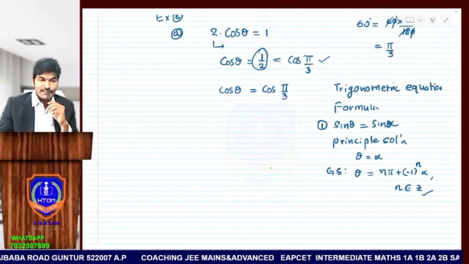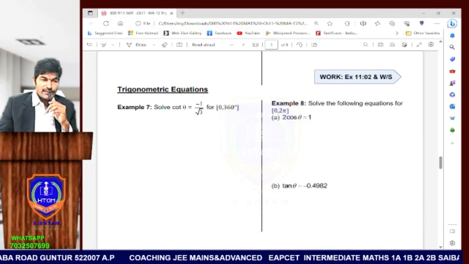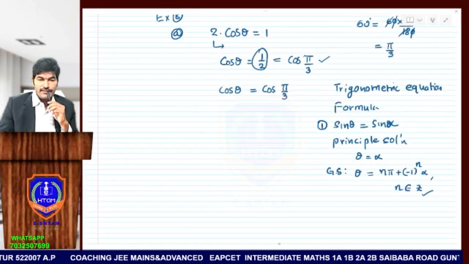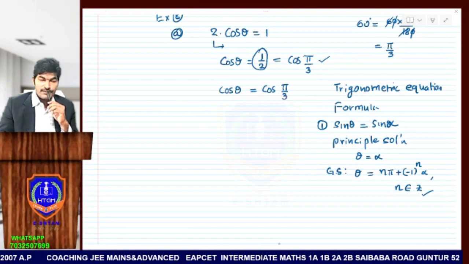He is asking for a certain interval. For example, look at the present question. He is just asking for the solution under the values of 0 to 2 pi. In the same manner, every problem will mention some interval. If he is not mentioning any interval, then you have to give the general solution like this.